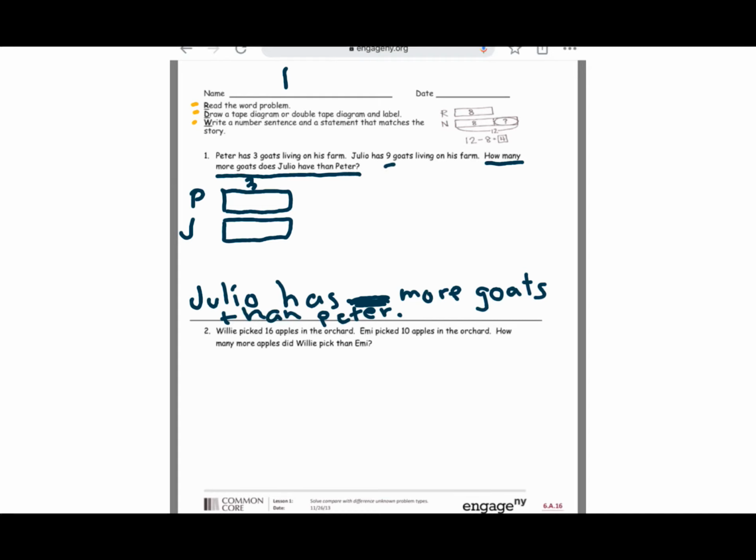According to my story, Julio has 9 goats. That means I have to make this tape diagram longer because Julio's going to have more goats than Peter. So I know that this tape diagram for Peter is the same as this tape diagram for Julio, and Peter has 3.